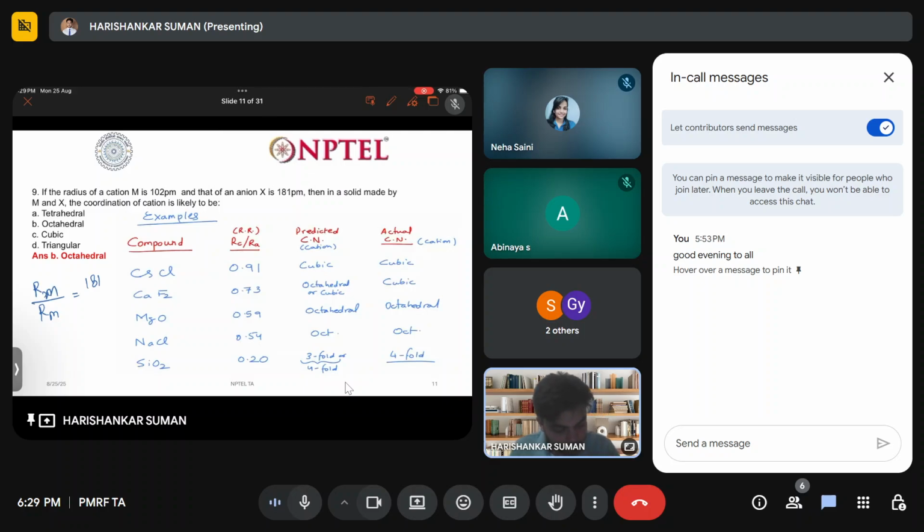Cation should be above, sorry, anion should be below. This is 102 and 181. Please find out this number.